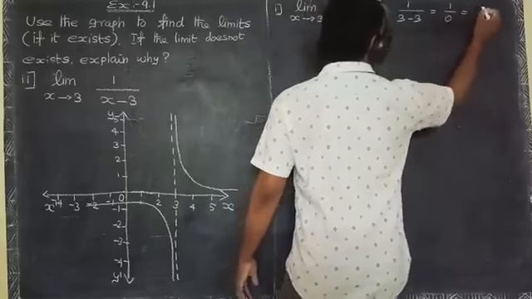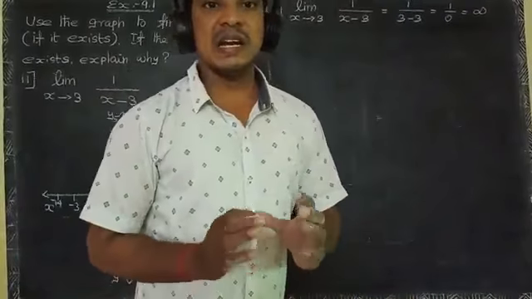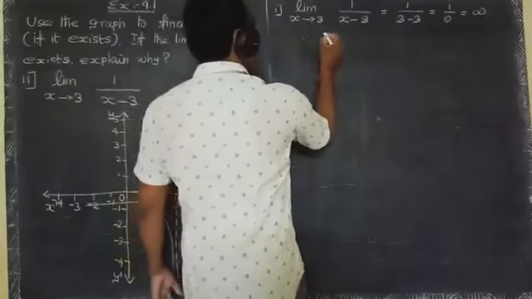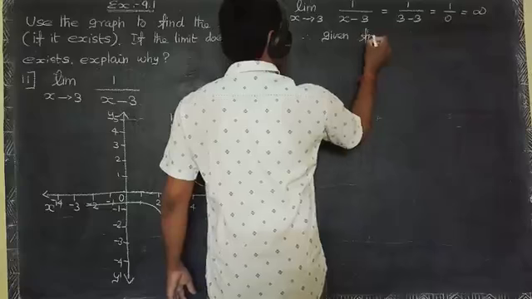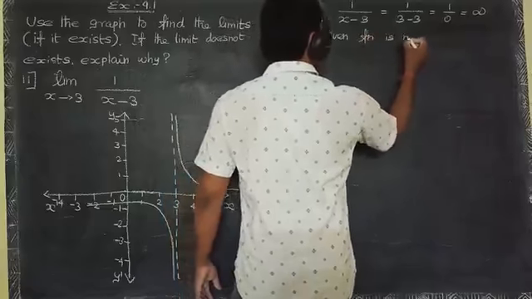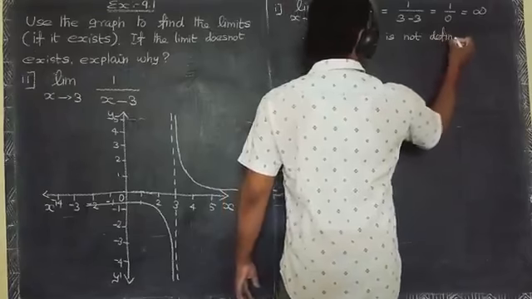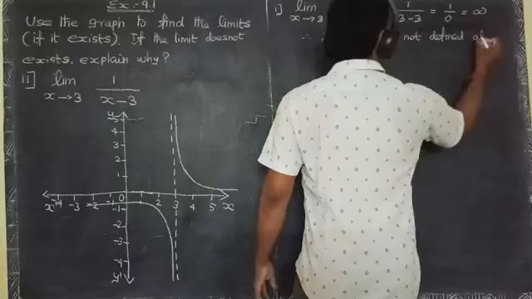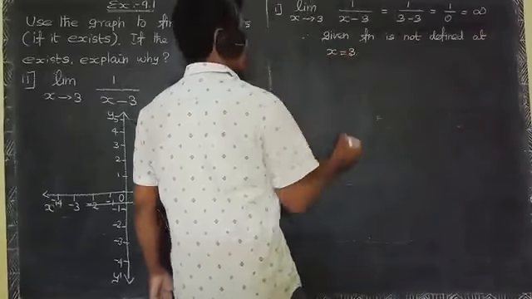Anything divided by 0 is infinity. Therefore the given function is not defined at x equal to 3.